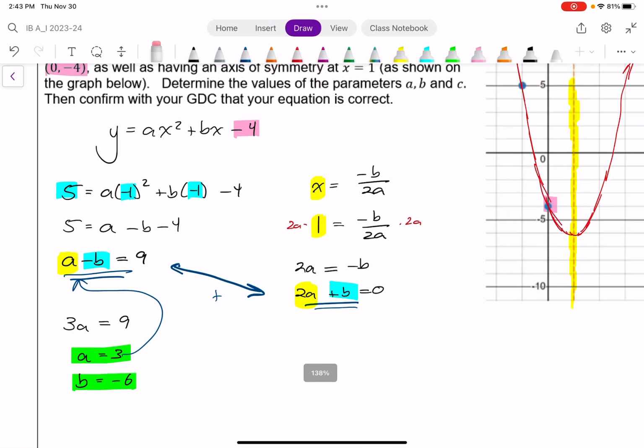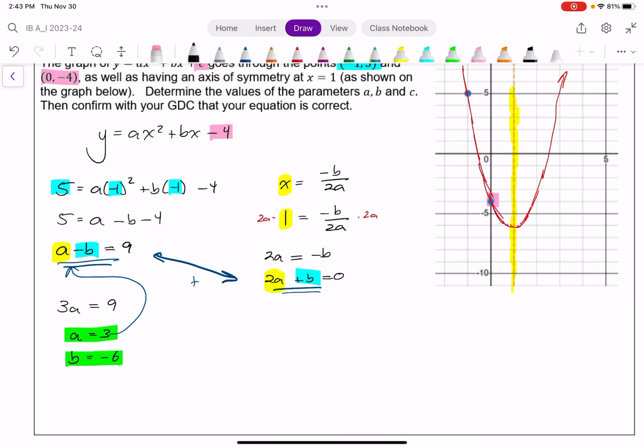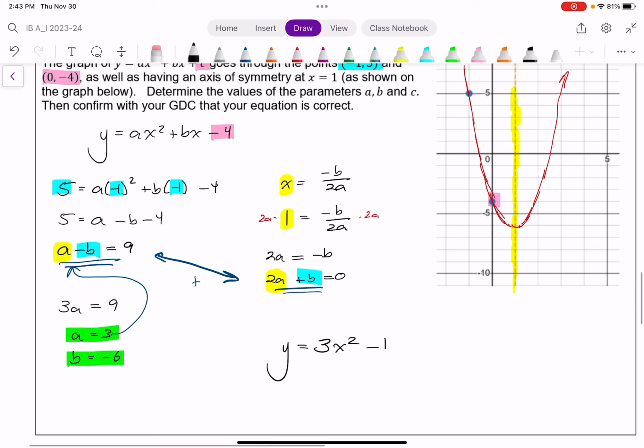And so let me just write out the answer, and then I'll double check that this fulfills all the requirements. So now I can say my equation must be y equals, instead of a, I have 3x squared, plus instead of b, I have negative 6. So actually I'll write this as minus 6 times x, plus my constant, but my constant is negative 4, so I'll just put minus 4.